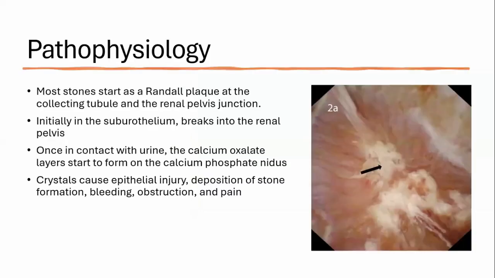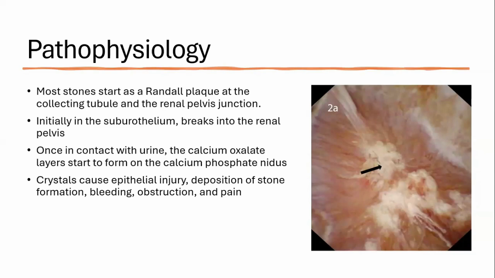In terms of the pathophysiology, just a bit of background. Most stones start as a renal plaque at the collecting tubule in the renal pelvis, and it essentially is in the suburothelium, and then it breaks into the renal pelvis.